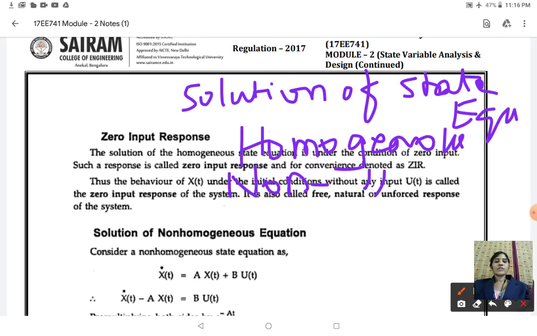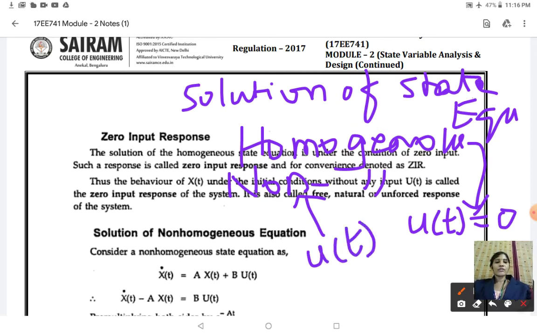The difference between the homogeneous equation and the non-homogeneous equation is that in a homogeneous equation the input u of t is going to be absent, and in the non-homogeneous equation u of t will be present. Therefore, the response obtained for the homogeneous equation is only the zero input response.